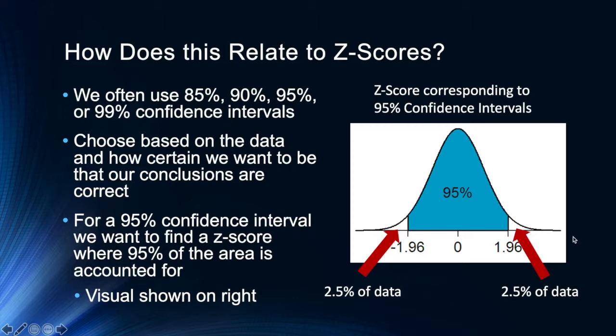The reason for that, and hopefully this will put all of this together, and I'm going to go back and explain it again once we have more context. If we are 1.96 standard deviations out, that means 2.5% of our data is over here, and 2.5% of our data is over here.